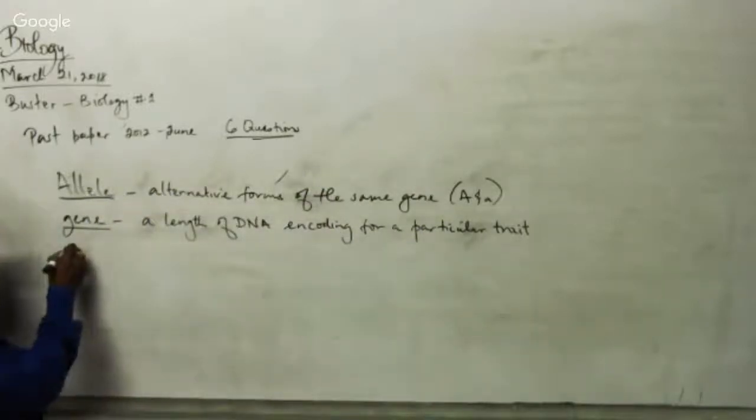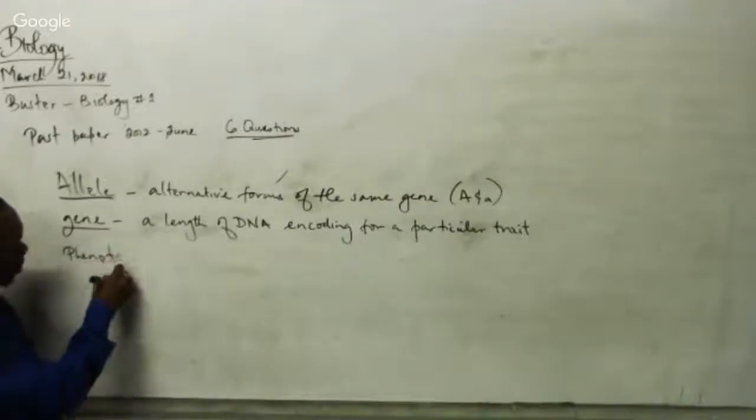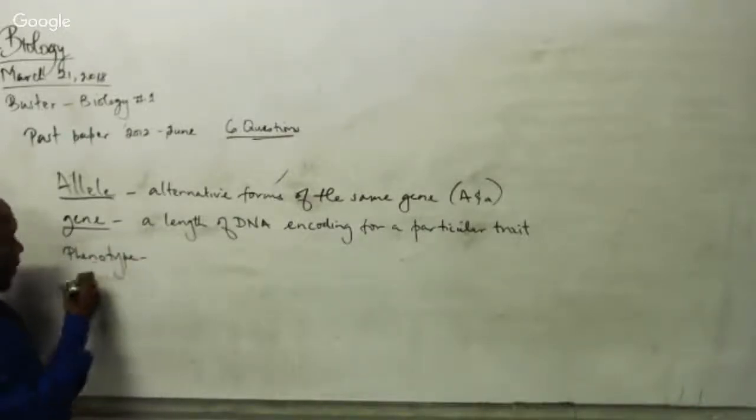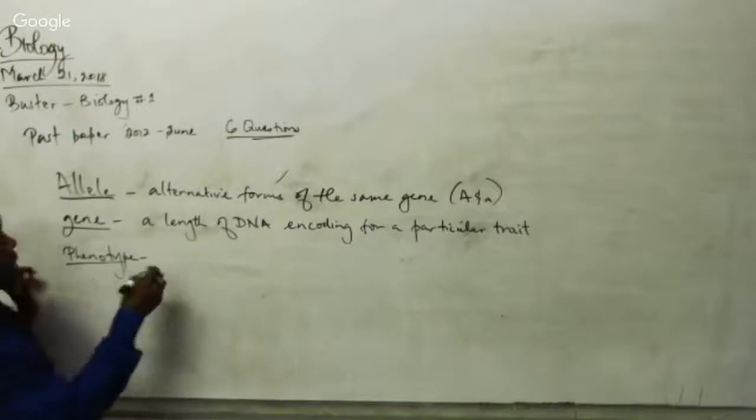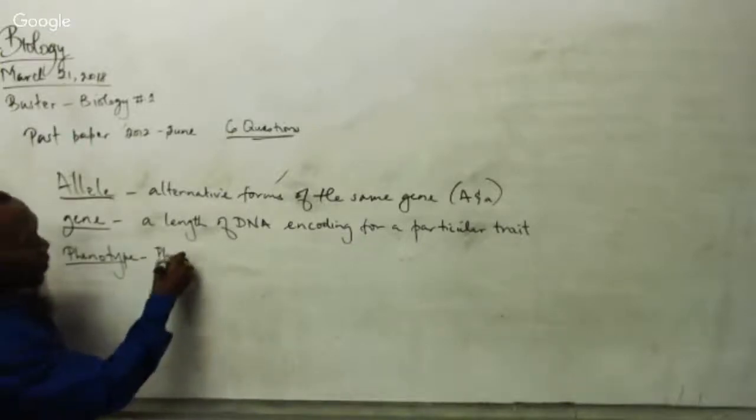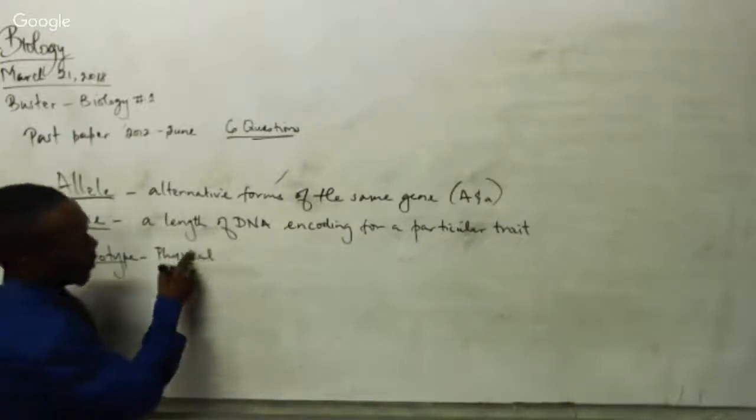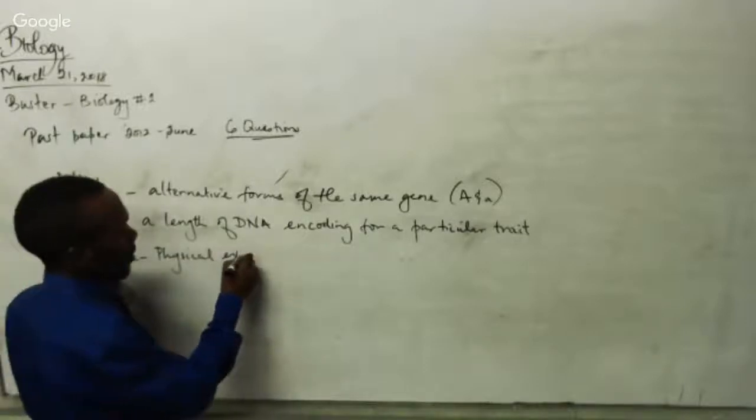Is that genotype or phenotype? Phenotype. P for physical. Pheno, physical. Physical expression of a gene.